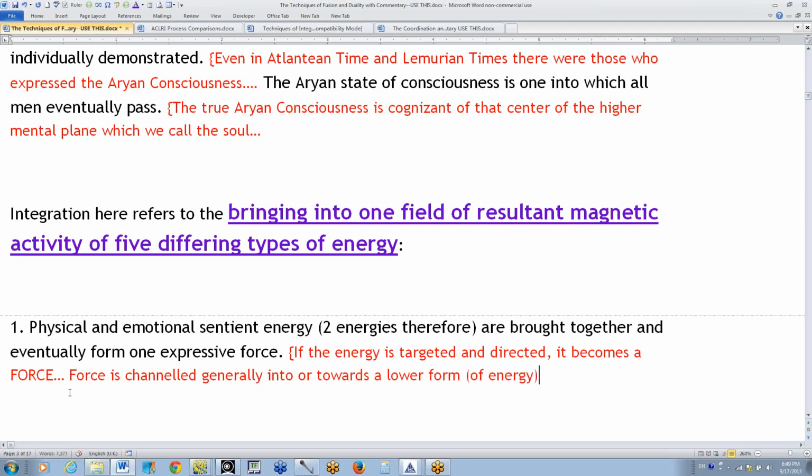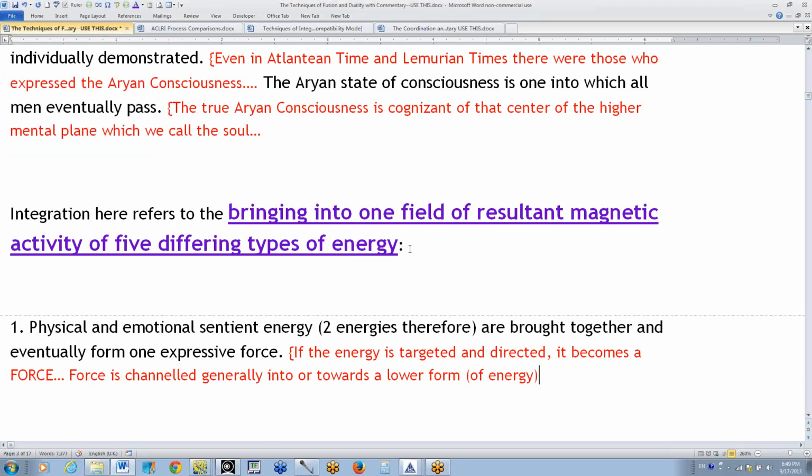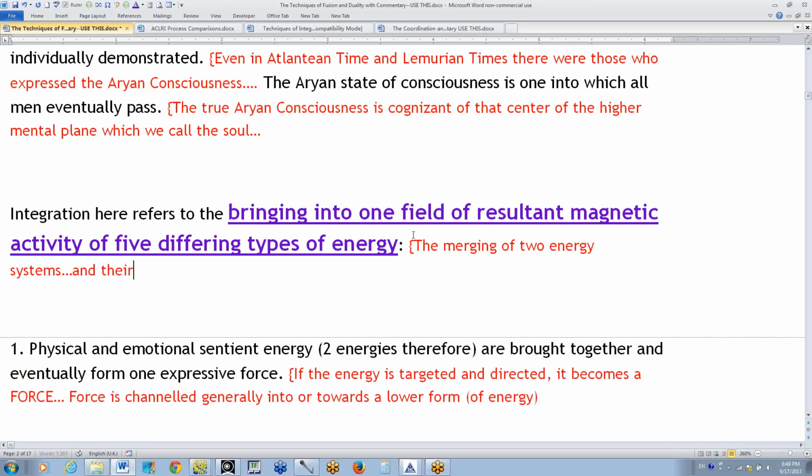All right, so integration here refers, and it might refer to something different somewhere else, to the bringing into one field of resultant magnetic activity the 5 different types of energy. And I've talked about the merging of 2 energy systems and their interplay and interaction and mutual responsiveness.